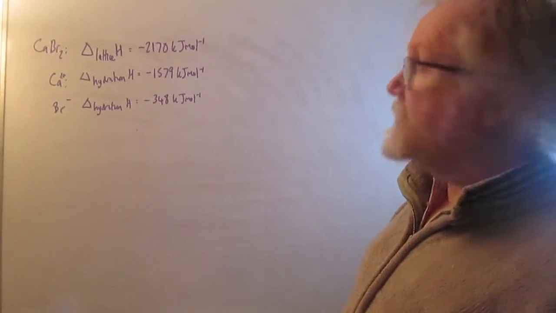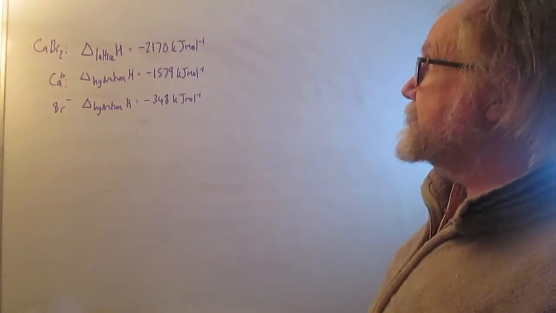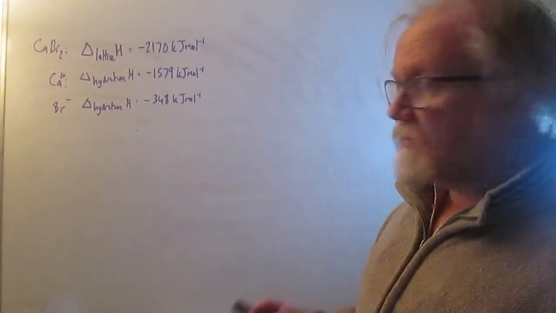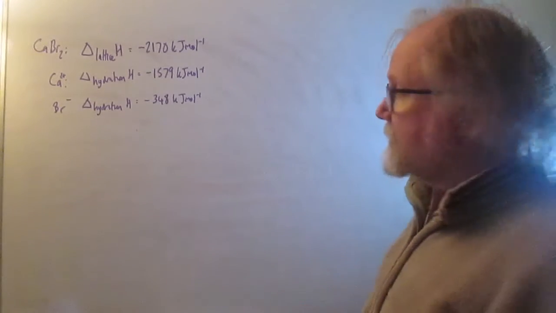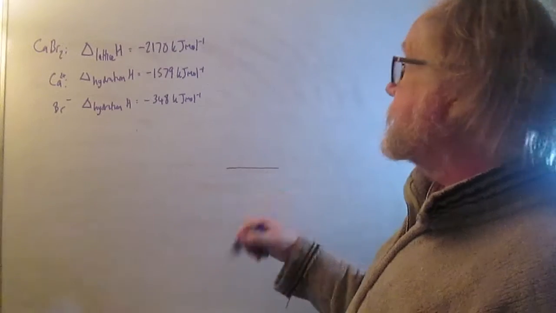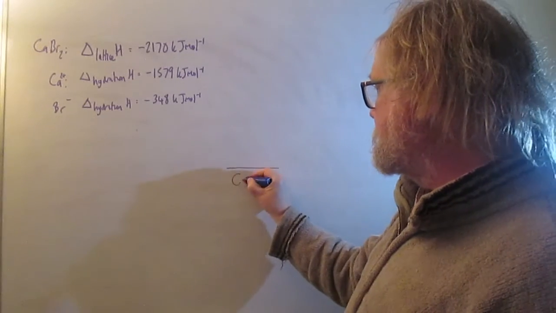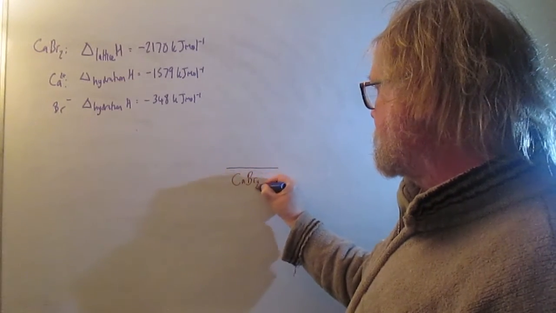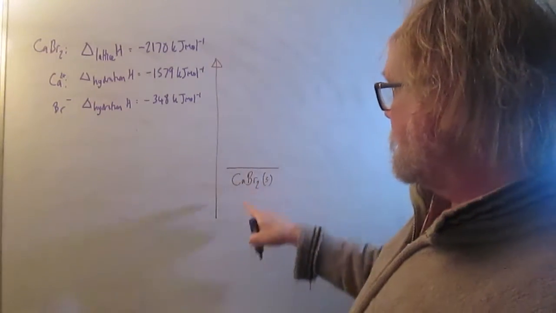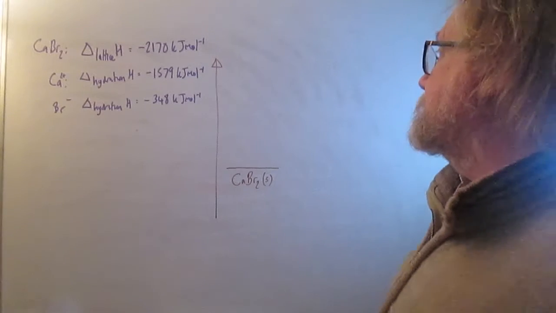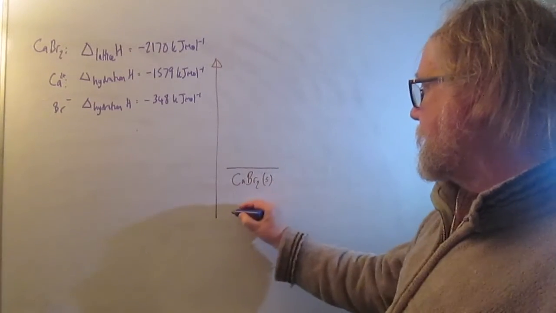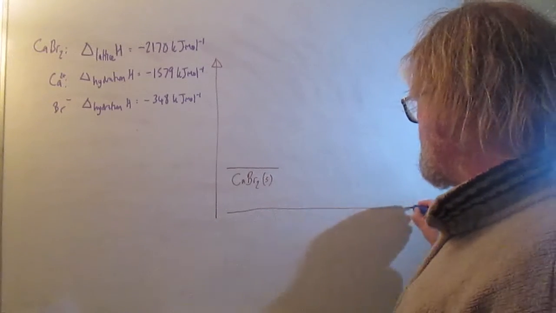Part E wants us to find the enthalpy change of solution of calcium bromide using these data. So the best way to do that is to set up a Born-Haber cycle. So remember, the overall change starts with the solid calcium bromide, so we can put that down as an enthalpy level. And as always with these things, make sure you put the state symbols in to make it clear what's going on. And what we're going to end up with are the separate ions in aqueous solution.